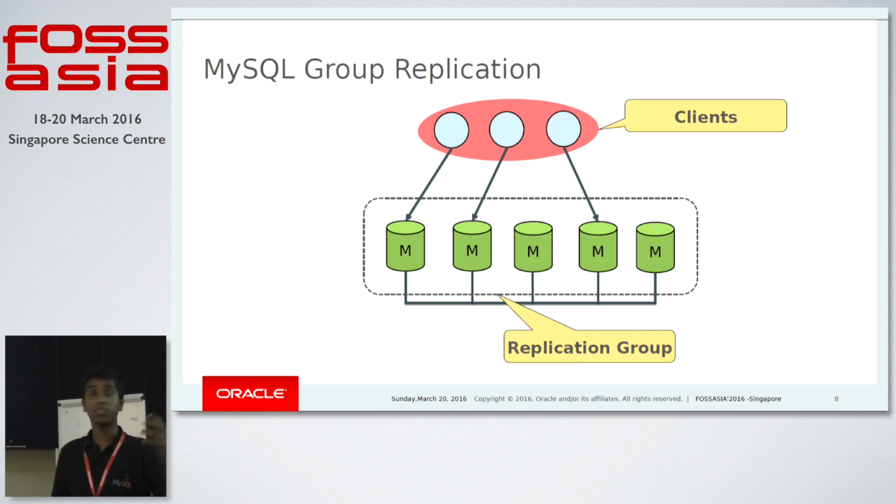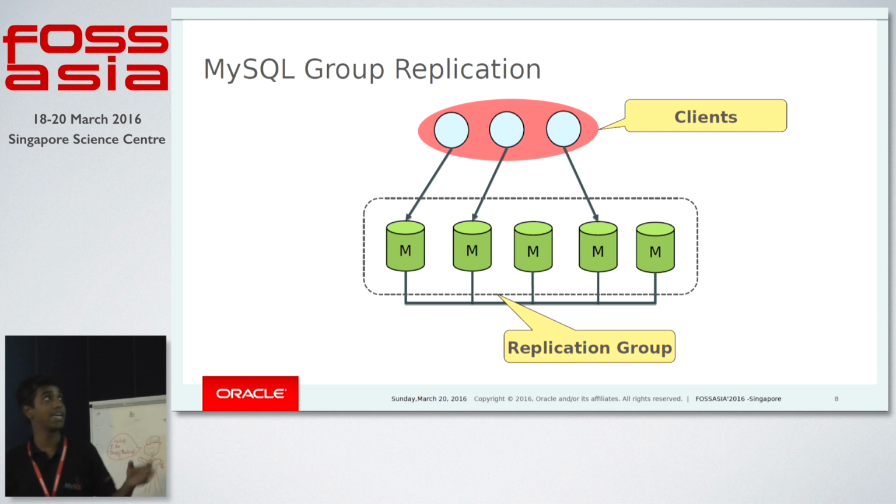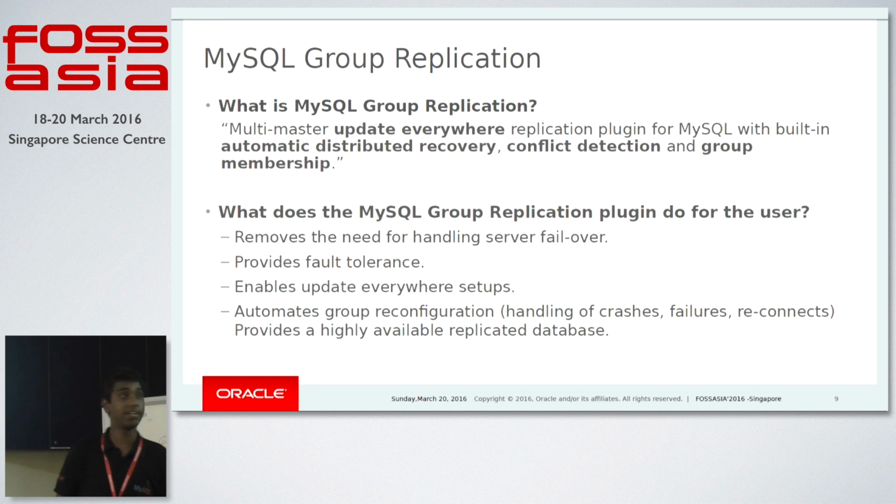So clients can actually connect to all the servers and start writing to the database simultaneously, and the entire handling of conflicts will be taken care of by the group replication setup itself. So here in this case, we have a group of 5 servers, and clients are connected to 3 members in this group. All the clients can access the same database and keep on modifying the data in those databases simultaneously.